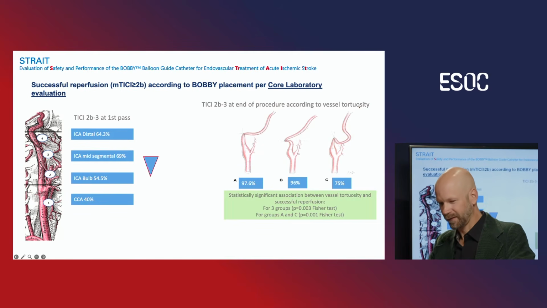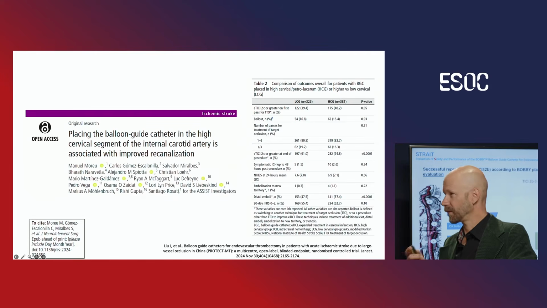Of course, everything is mediated by the anatomy. But this effect is not the first time that it was seen. In the ASSIST registry, they published a paper where they saw this already with a quite large effect.